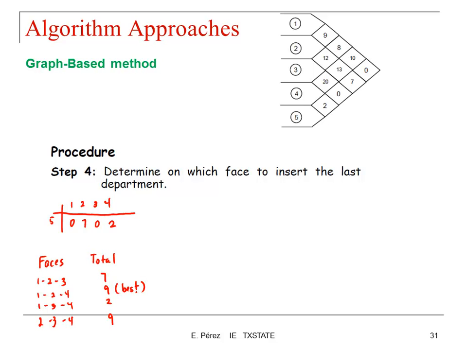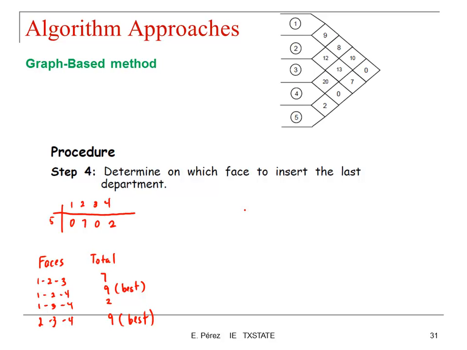So we are looking at all the possible combinations for the last one, and we show that these two are the best. So we want to put that node in one of those two locations, between 1, 2, and 4, or between 2, 3, and 4.